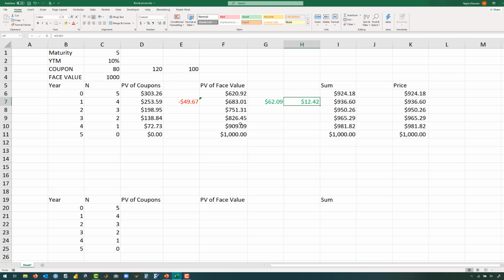So if we add them up, we get 12.42. If you look at the price difference, you'll see it's exactly the same. The price difference is 12.42. If we do this for all the remaining years, you'll see it holds for all the remaining years too.